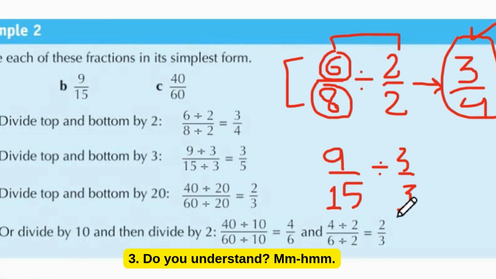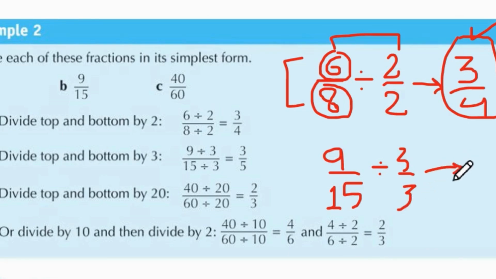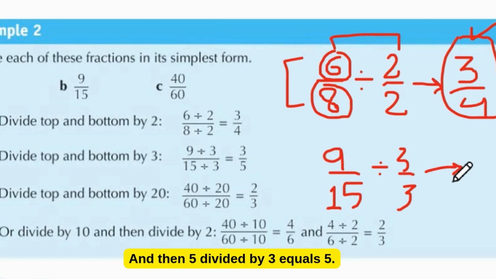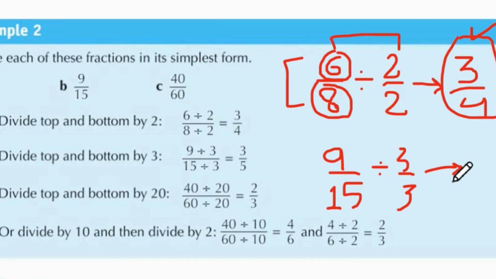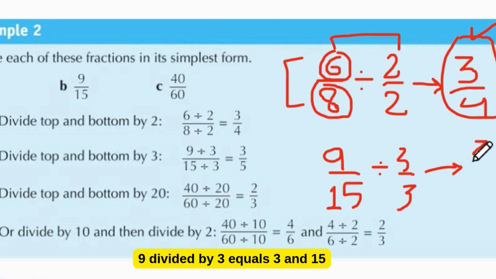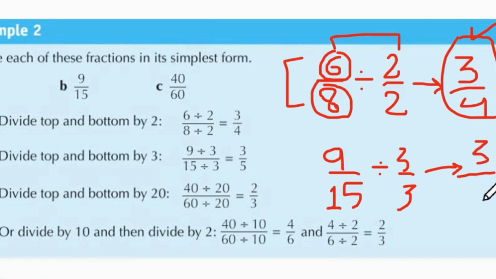Do you understand? What's the answer for 9 divided by 3? 9 divided by 3 equals 3, and 15 divided by 3 equals 5.